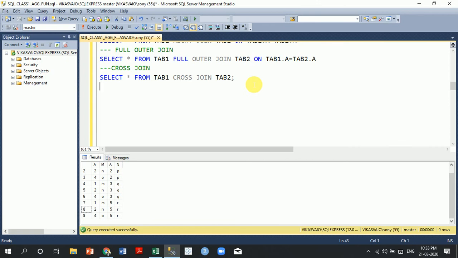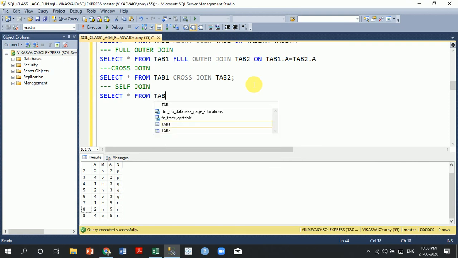For doing self join, I'm selecting star from table 1.